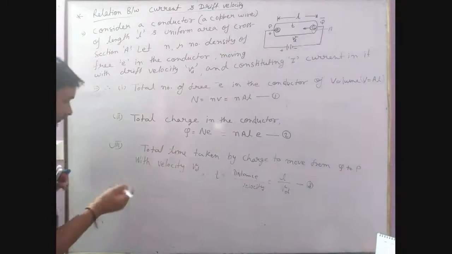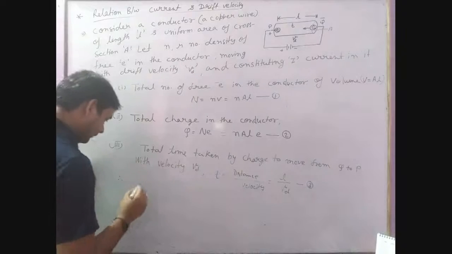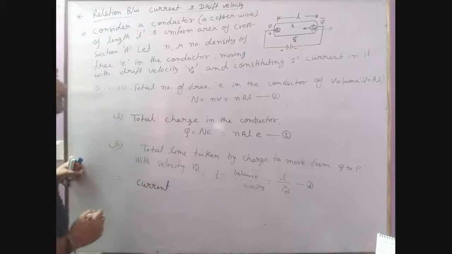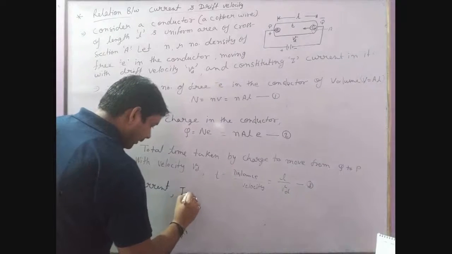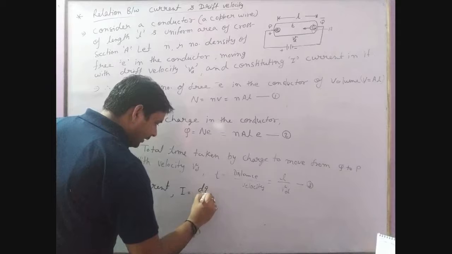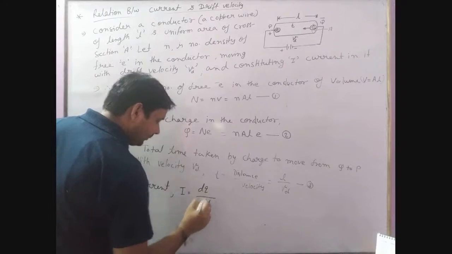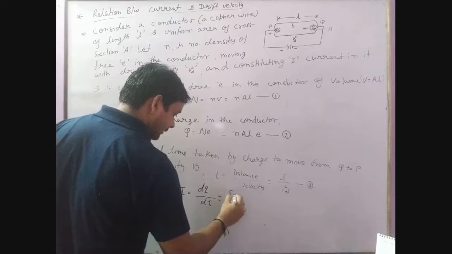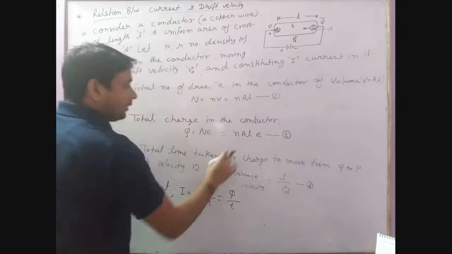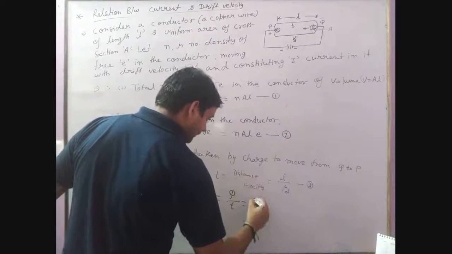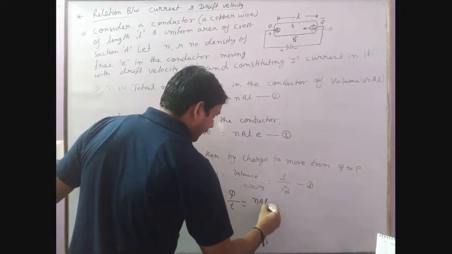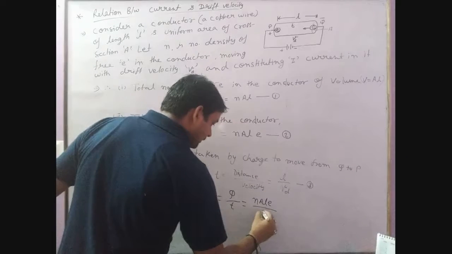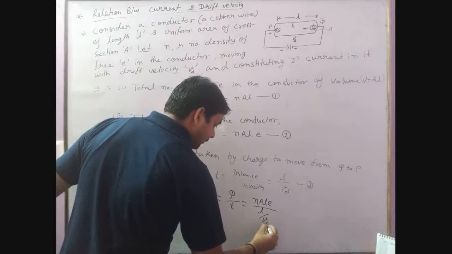Therefore, the current in the conductor is given by I is equal to dq upon dt. Here we are using q upon t. Now the value of q is nAL e, upon time, which is L upon Vd.